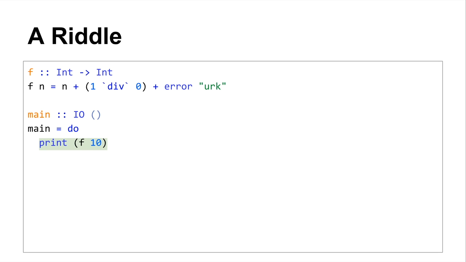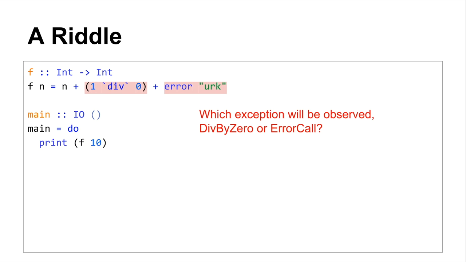Okay, so brain teaser, for those of you that may or may not have been paying attention. Given the function f in my little program here, when I apply f to 10 and I print that out, this function is fully applied. Which exception will be observed? Any guesses?